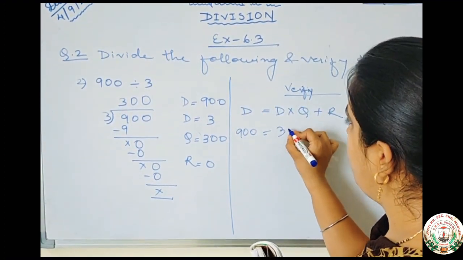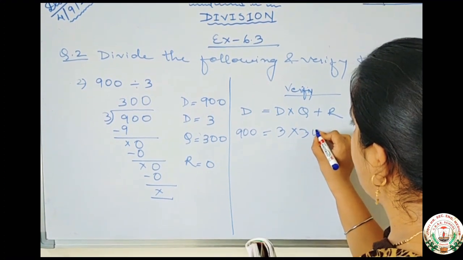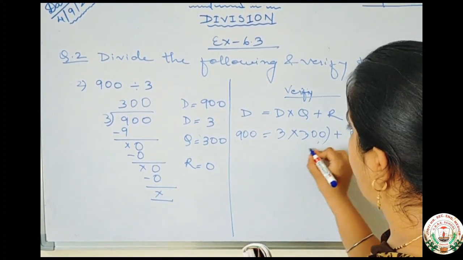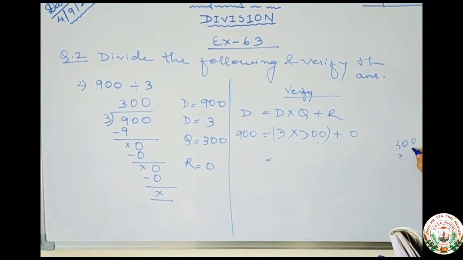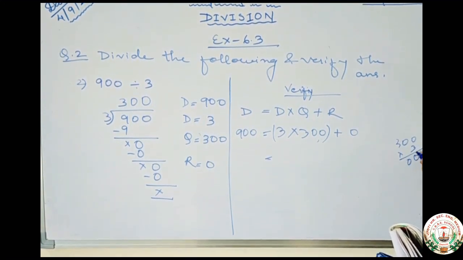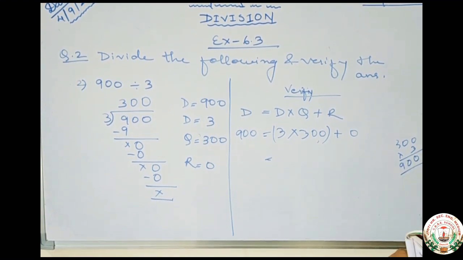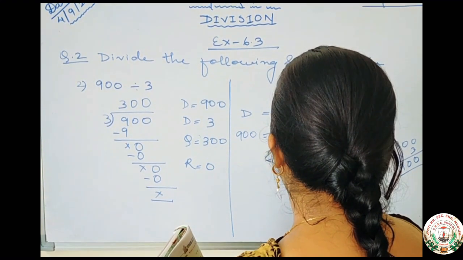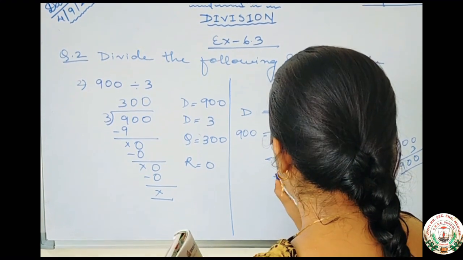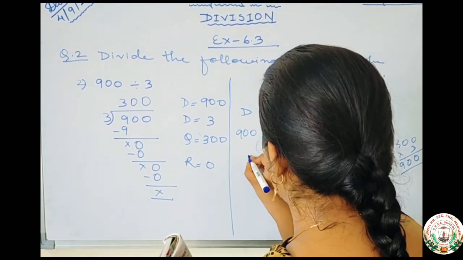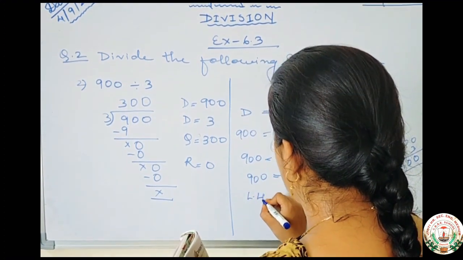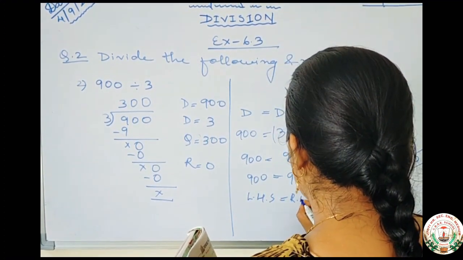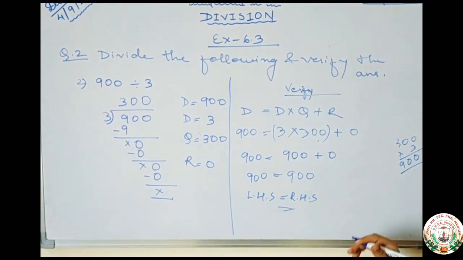Divisor is 3 into quotient is 300 plus remainder is 0. By the rule first we will multiply. 300 into 3. 3 zeros are 0, 3 zeros are 0, 3 3s are 9. 900. Okay. So we will write here 900 plus 0 is equals to 900. Here is also 900. So LHS is equals to RHS. So it means that our division is correct.